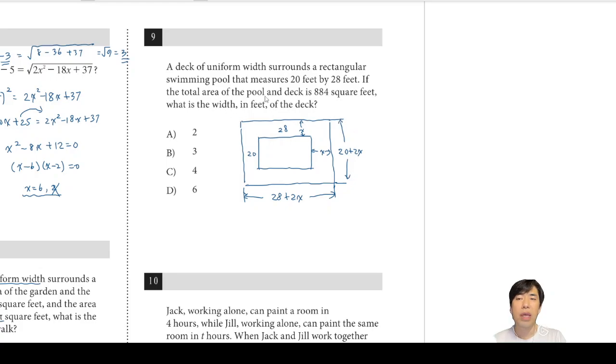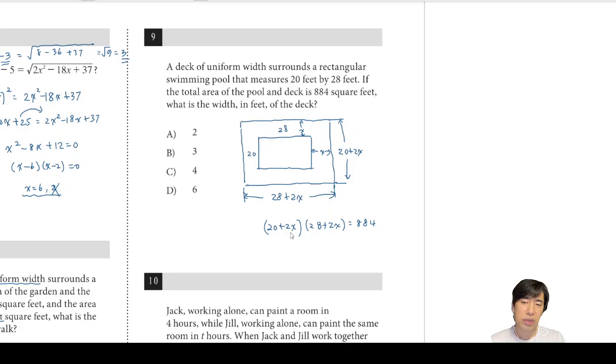If the total area of the pool and the deck is 884 square feet, so that means 20 plus 2x times 28 plus 2x is equal to 884. Okay, so we can find x from here, and that's going to be our answer, okay?